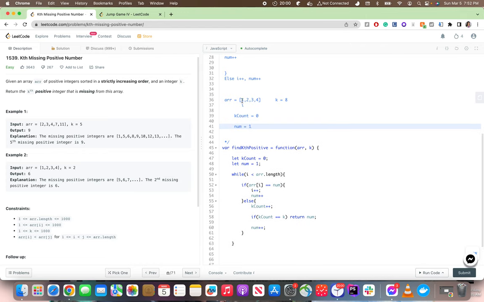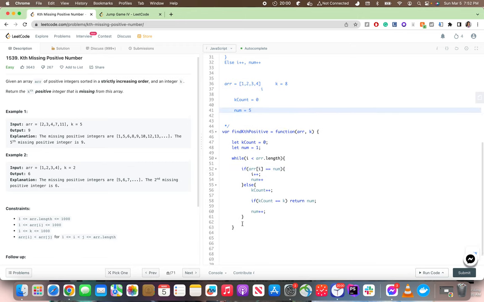So num will be equal to array i, then we will increment, 2 is also equal, 3 is also equal, 4 is also equal. Now we'll get out of the loop.